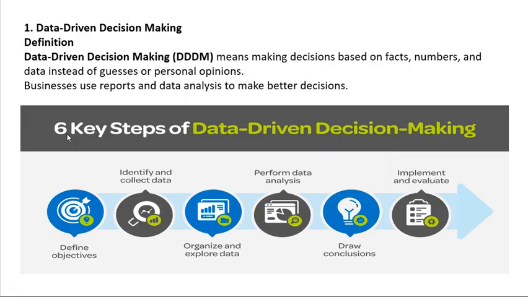The six key steps of data-driven decision making: first is define the objectives, second is identify and collect the data, third is organize and explore the data, fourth is perform the data analysis, fifth is draw the conclusions, and sixth is implement and evaluate.